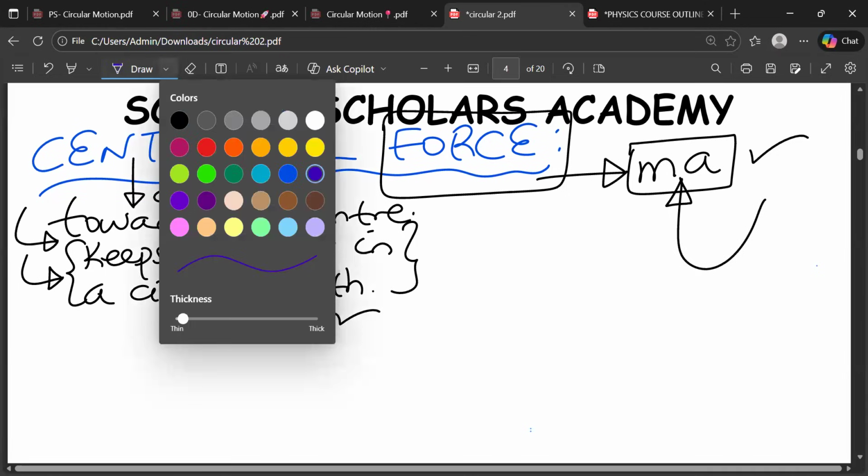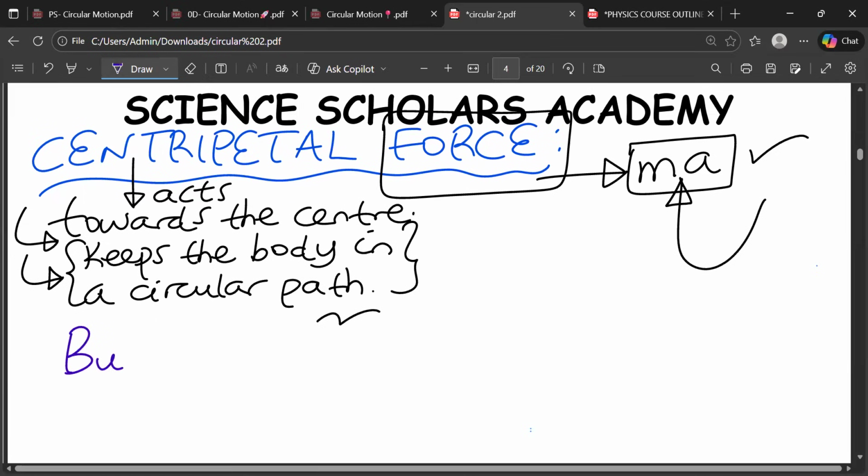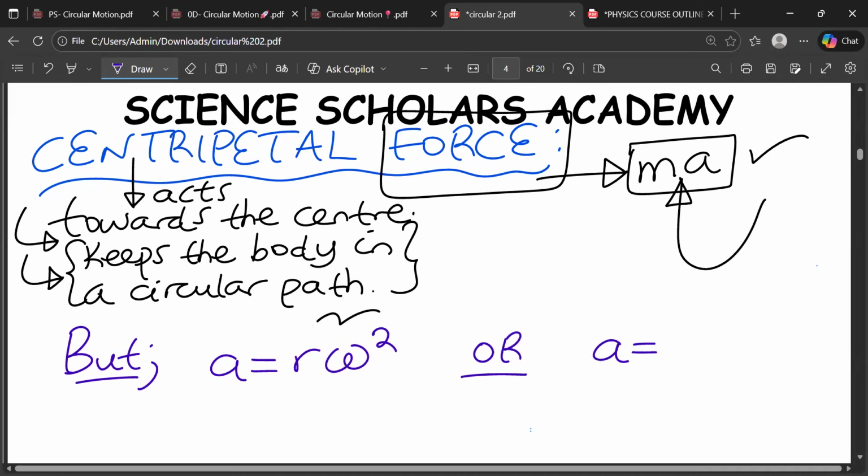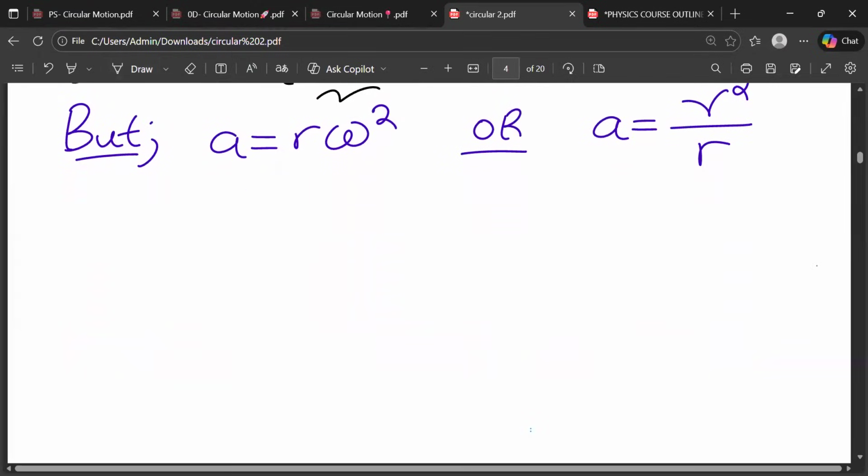So I'll come and say, but acceleration, we have realized it is either r omega squared or, our centripetal acceleration, it is v squared over r. I think now that is better. The v and r, you can distinguish them very well. Now, for force, it will be obvious.